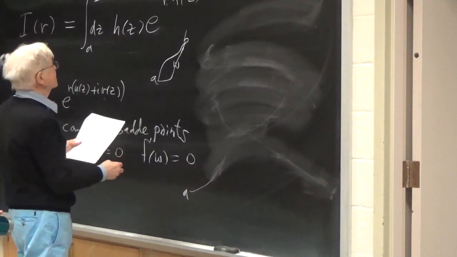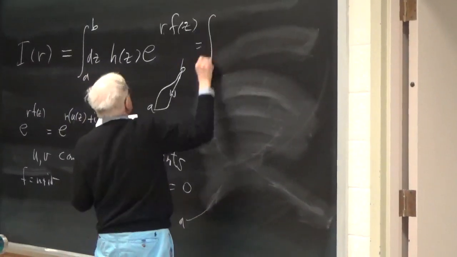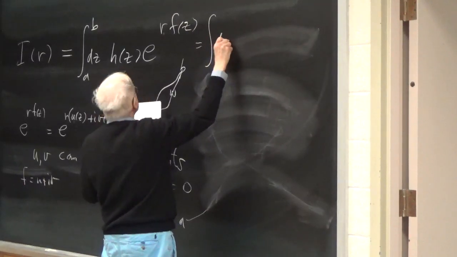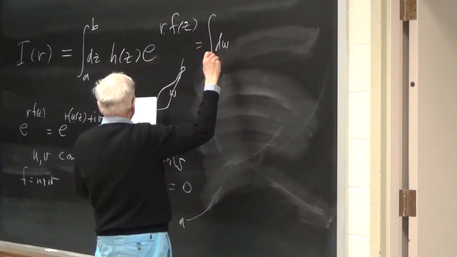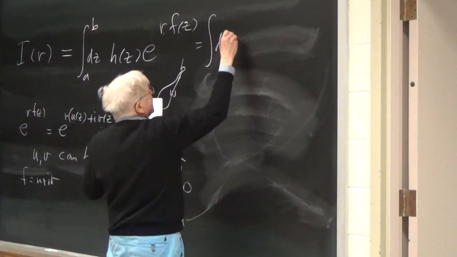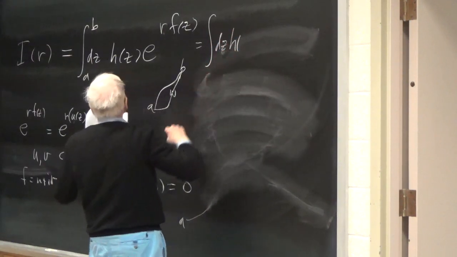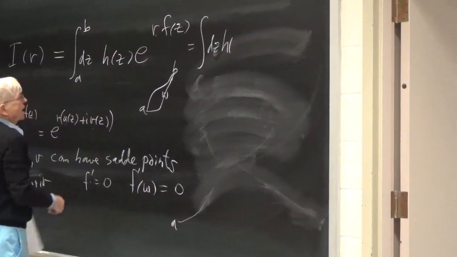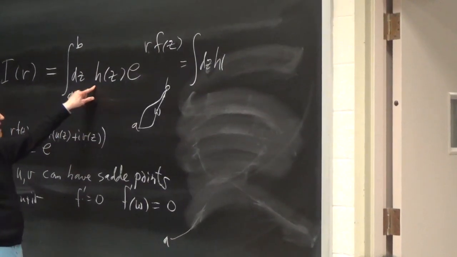And so what happens here? What we've got here is an integral dz, and we're going to have h of z.